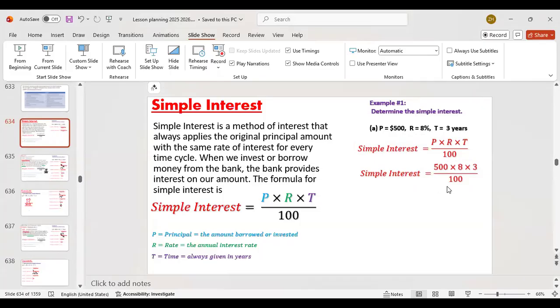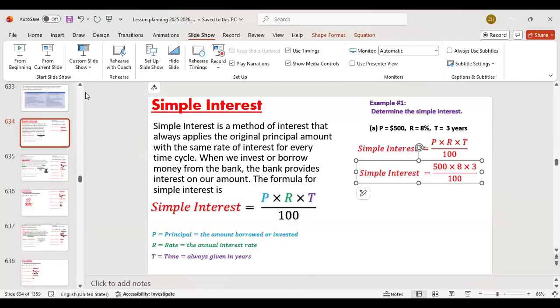Literally, that's all we did. So we say 500 times 8 times 3, all over 100. We could cancel the 2 zeros, one on top and one on the bottom. Yes, very good. That'll be a very good idea, because we have zeros at the top and zeros at the bottom.